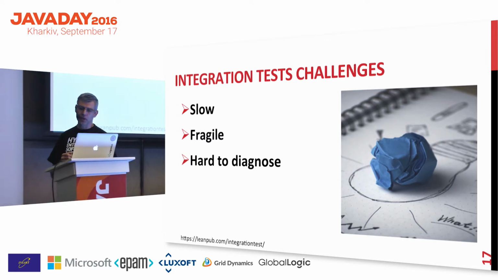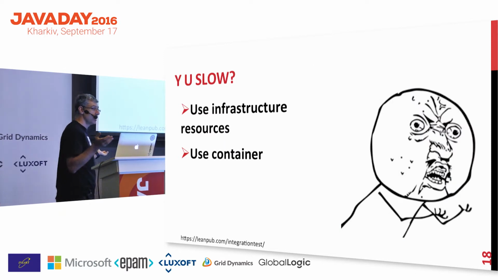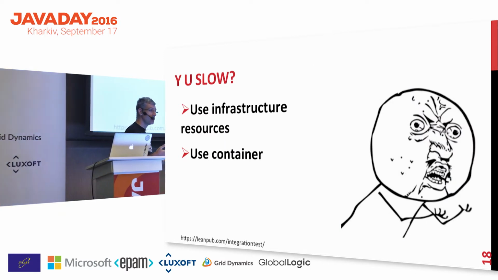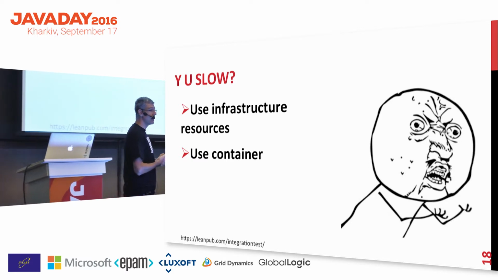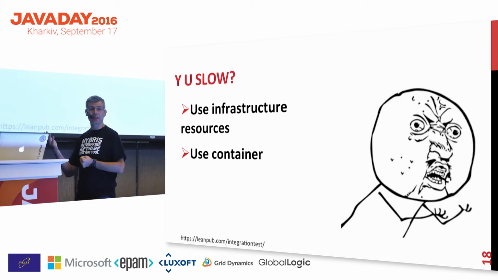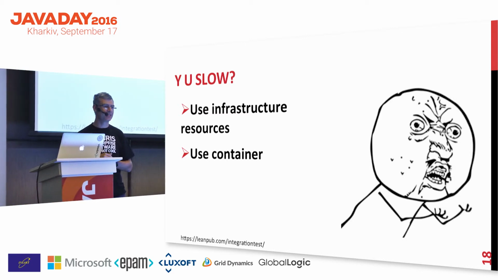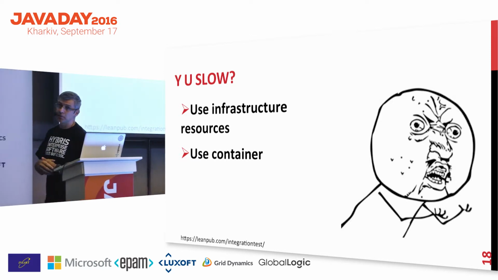So how can we address those problems? Why are they slow? Because they start relying on real stuff. Like they start relying on a database. They start relying on a web service. They start relying on starting up Tomcat.